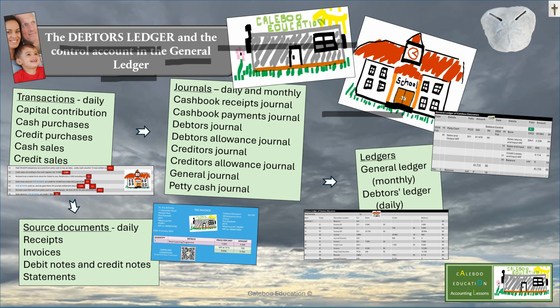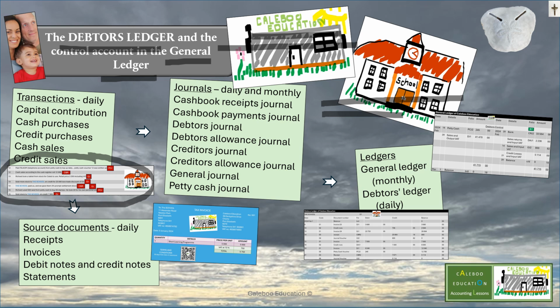We are doing the books as we normally do for Caleboo Education, and we sell on credit to the school. So the school is a debtor. We are going to look at all the transactions that we have done with the school.